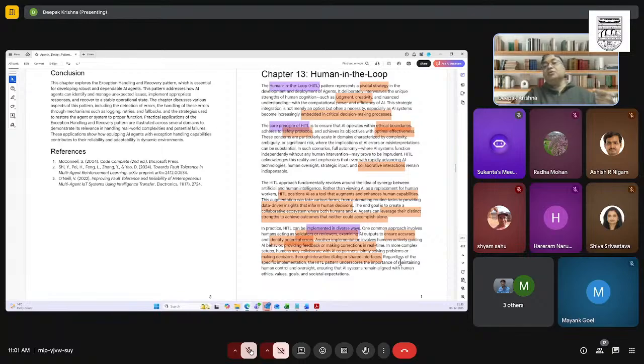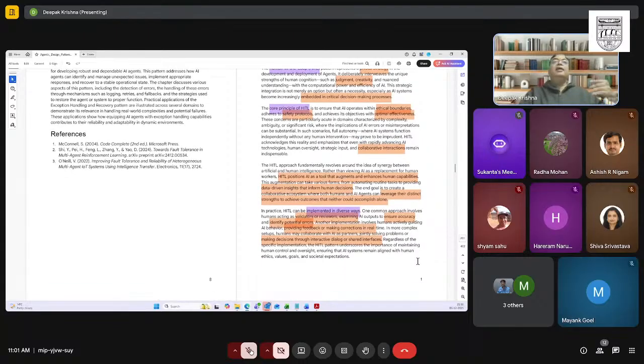The human in the loop can help you in reinforcement learning as well. It can also make corrections: okay, correct this thing, then give me the final output. And this can be done using interactive dialogues also.